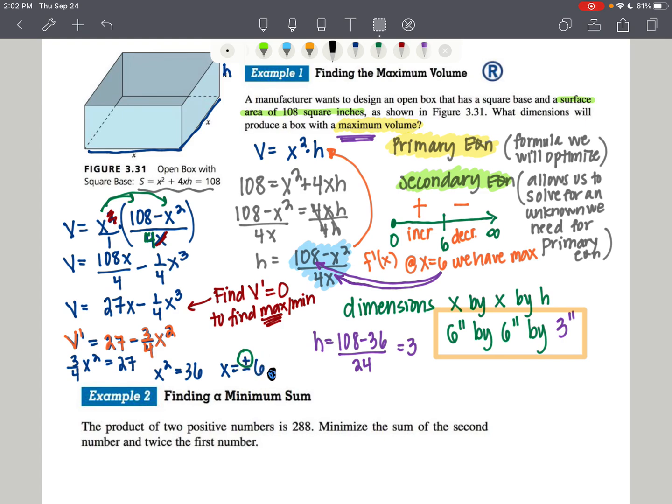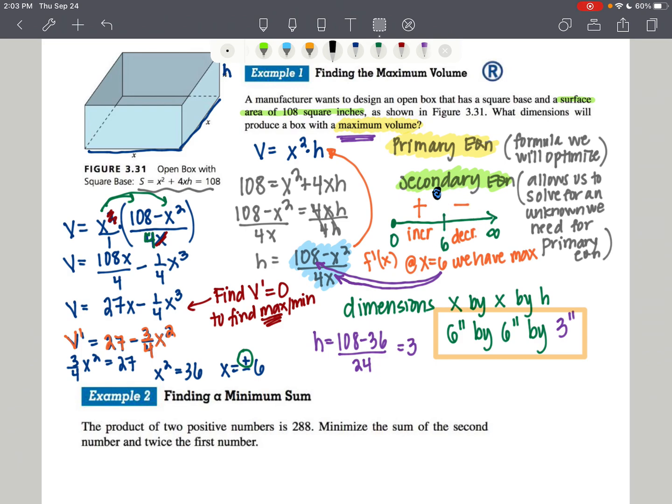Now, -6 was outside the feasible domain because -6 can't be a dimension. Therefore, that critical number doesn't apply here. So we're going to use our +6 only. So our feasible domain starts at 0. Potentially it could go up to infinity, but realistically it would never reach infinity. Otherwise you would never really have a box. You get it. Then we test positive, negative for increasing to decreasing.